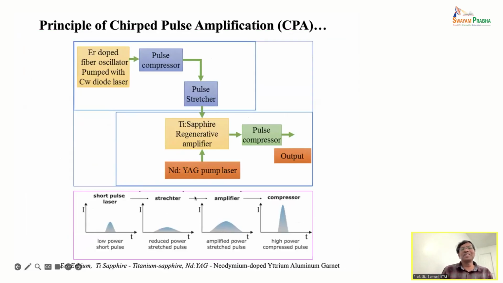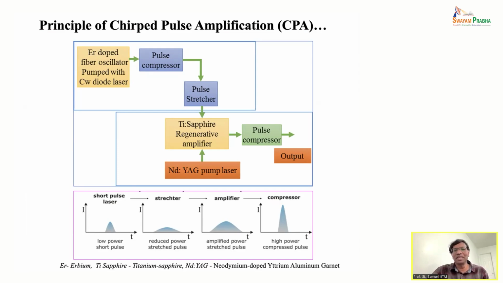So this is the way they are producing it. Really, it looks fascinating and interesting. They use different types of mechanisms. Generally, an erbium doped fiber oscillator pumped by a continuous diode laser. Then we have what is called a pulse stretcher, so we are widening it.